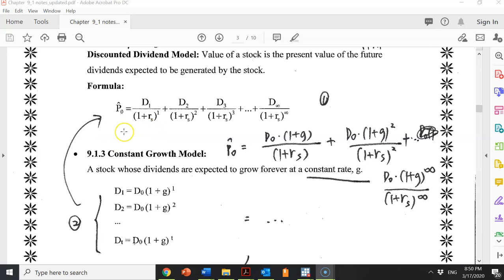So our general philosophy here is to discount all the future dividends, from D1, D2, D3 to D infinity, using the appropriate discount rates: 1 plus RS, 1 plus RS squared, 1 plus RS cubed, up to 1 plus RS to the infinity. Okay, we discount all the future dividends using the stock return, RS, which is also RI in the CAPM. So we have P0 hat, the estimated stock price.